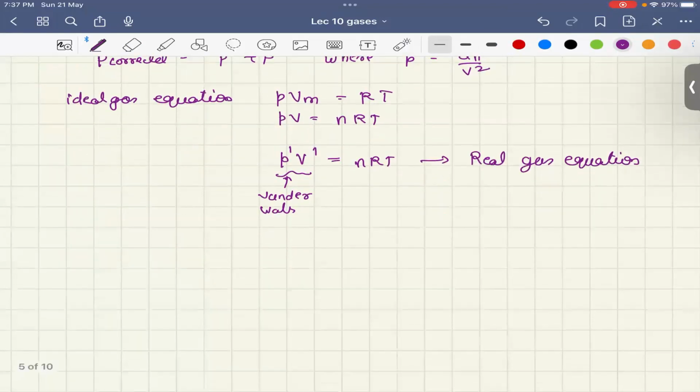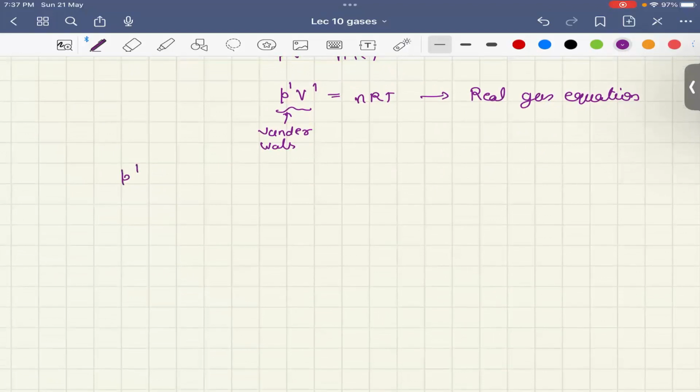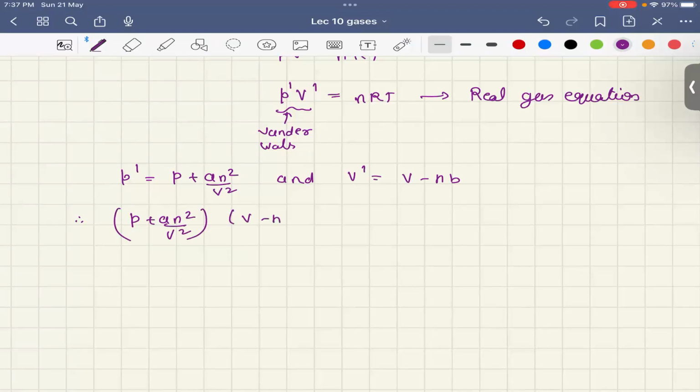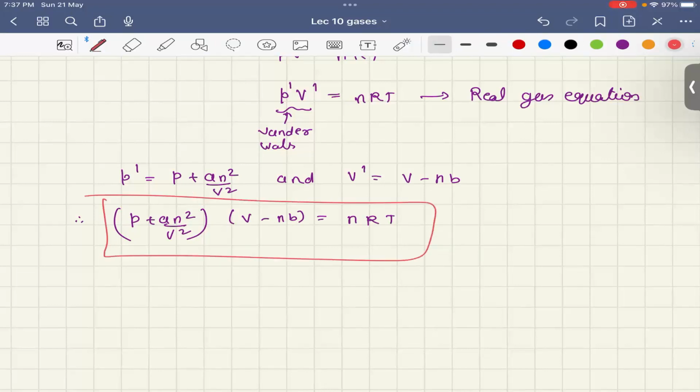As per van der Waals, we already saw that this P dash has to be nothing but P plus a n square by V square, and this V dash has to be V minus nb. Therefore, what we get is P plus a n square by V square multiplied by V minus nb equal to nRT, and this is the van der Waals equation of state.